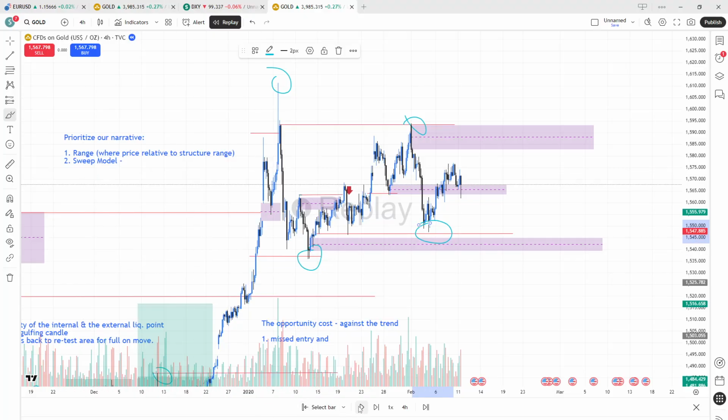Okay. So this could be a retest, right, for this move.